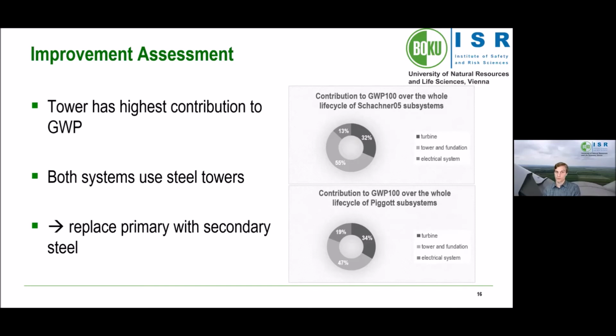And so, of course, the logical thing is first to have a look at the impact of the primary steel which is used. So we adjusted the calculations and had a look at what happens if we only use recycled steel. So this is a very, let's say, low-key measure, which is entirely realistic because it's something you can do quite easily, in fact.